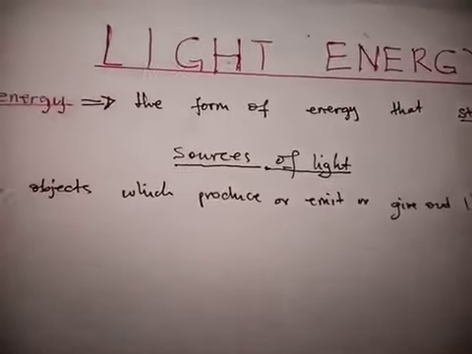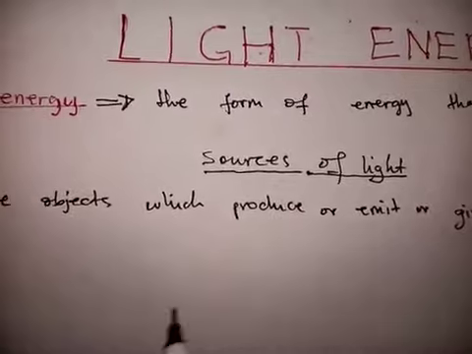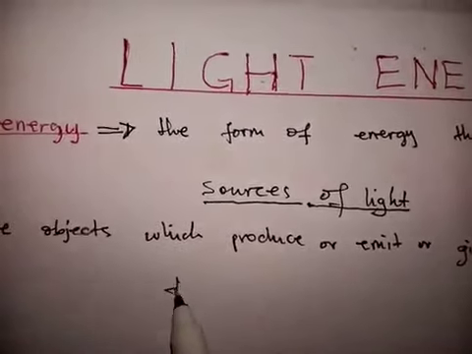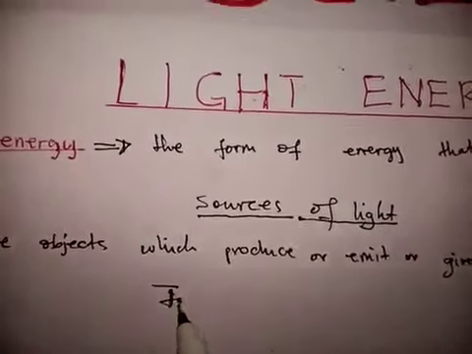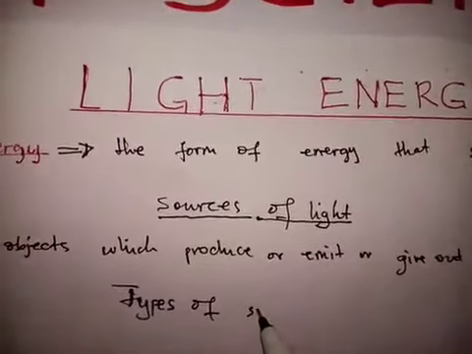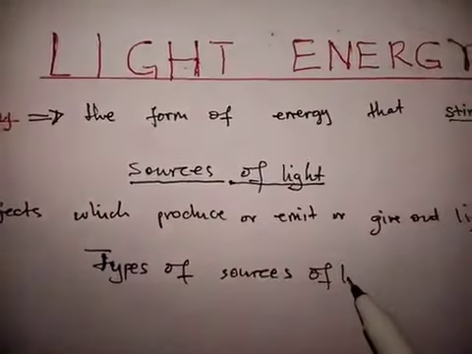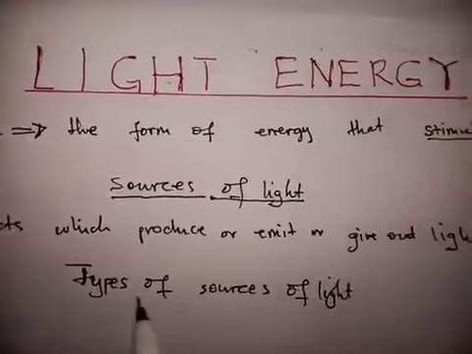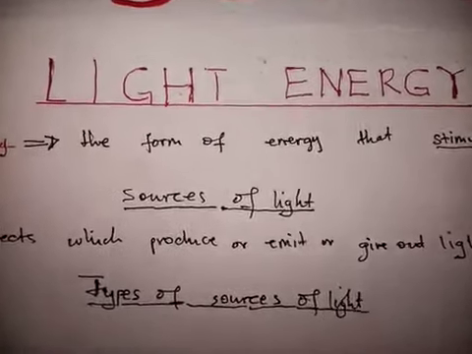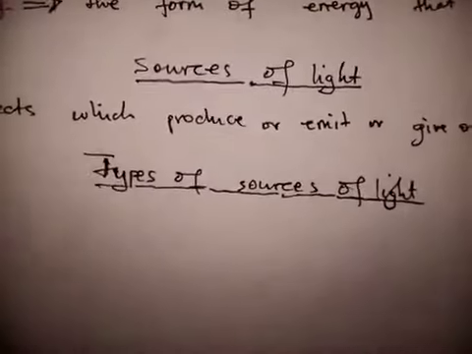We have different sources of light, and these sources of light are classified into types. So there are two types of sources of light.